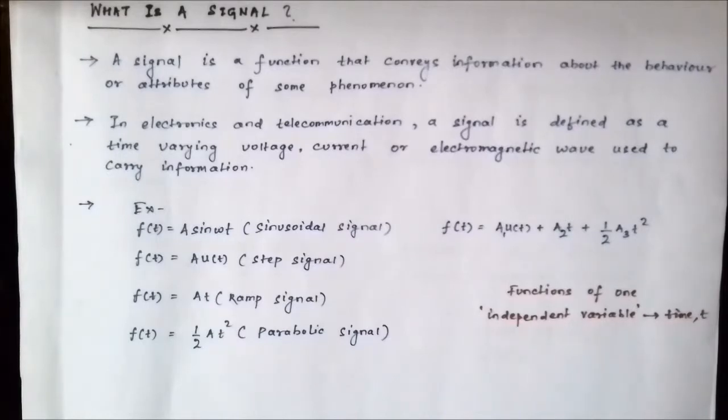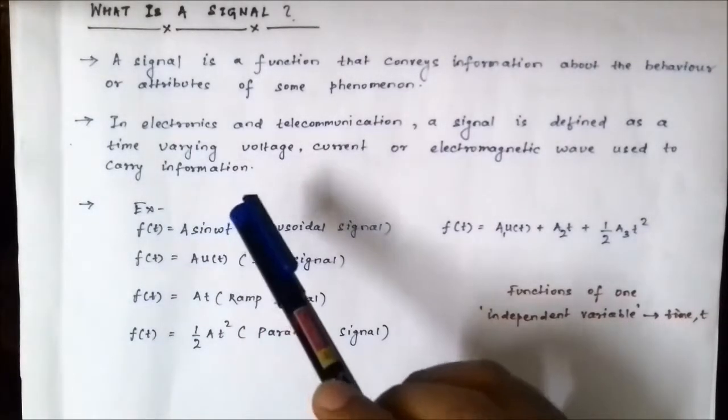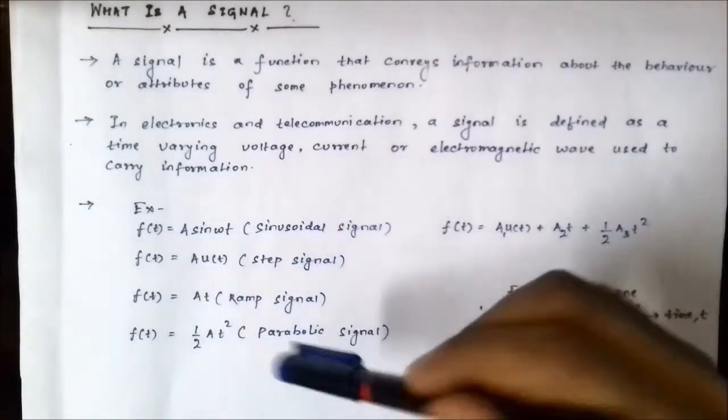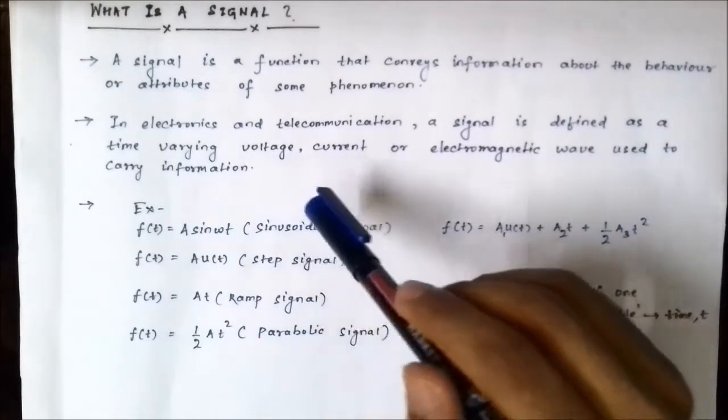Basically, a signal is in the form of a voltage or current, because in communication systems, the machines or systems which we will be using respond only to electrical quantities. That's why the signals which we deal with in our day-to-day life will be either in the form of voltage or current.